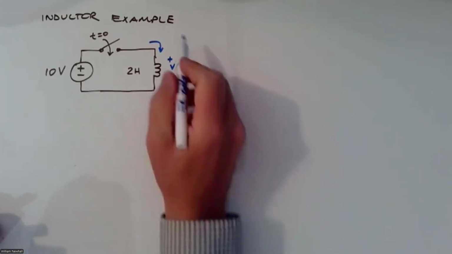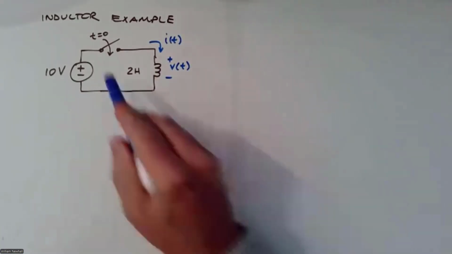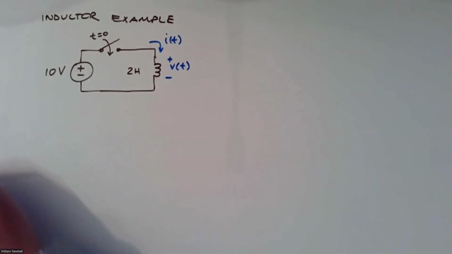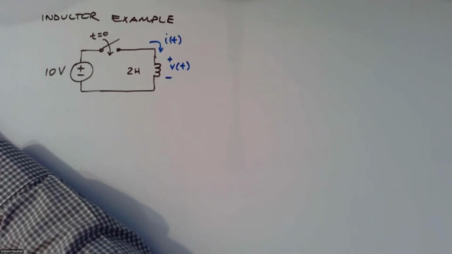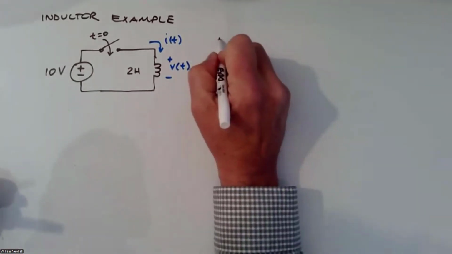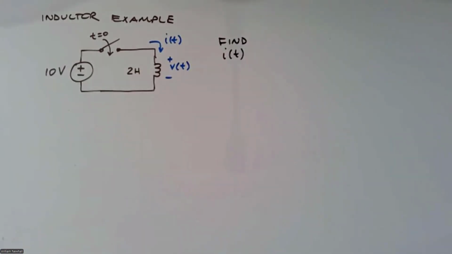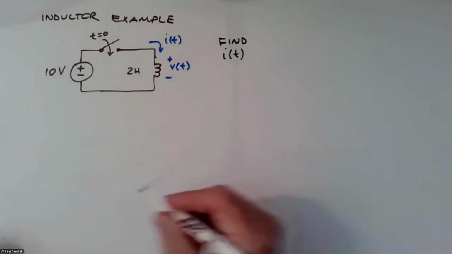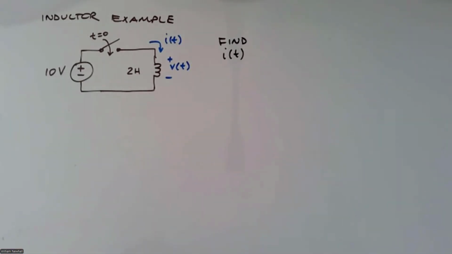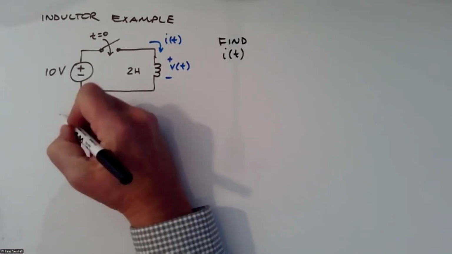Okay, so we have voltage across that inductor, and here's current. Both versus time, they're going to change when that switch closes. And so let's find I of t. Let's apply the equation and figure out what's going to happen. At the same time, let me draw a graph here.